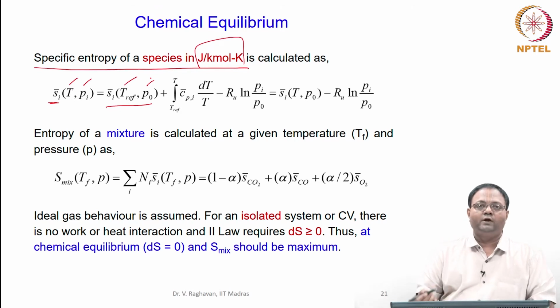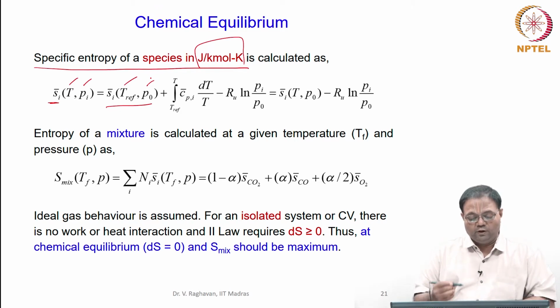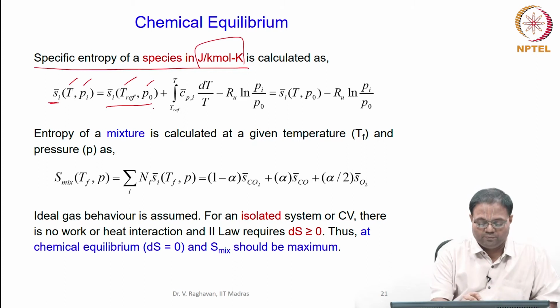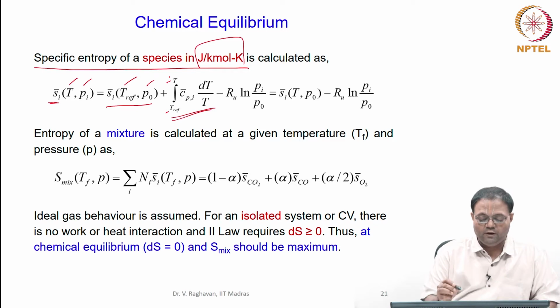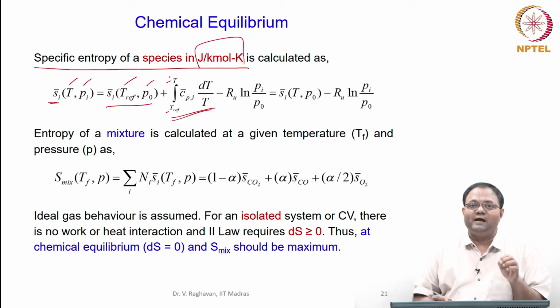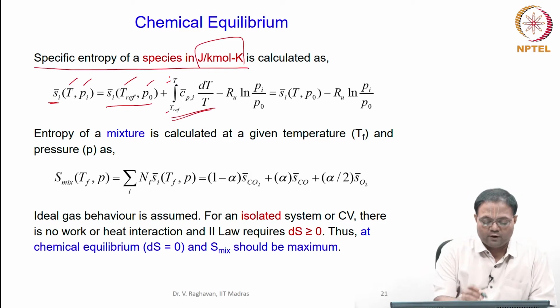T reference is 298 Kelvin. Now, if the temperature is different than the reference temperature, then you have to integrate this. So this is got by integrating Cp dT by T from Tref to T, and you will get the change in entropy due to temperature change. So that should be added to this.